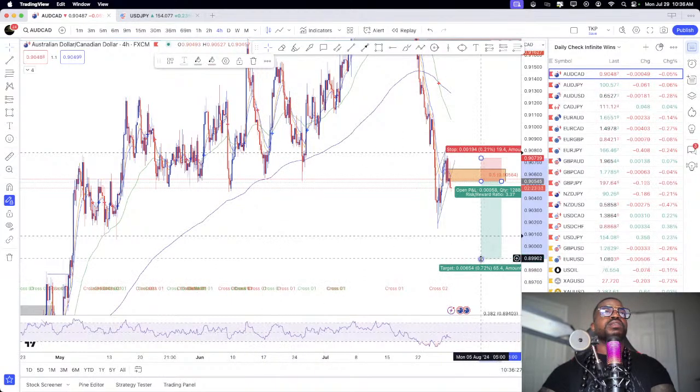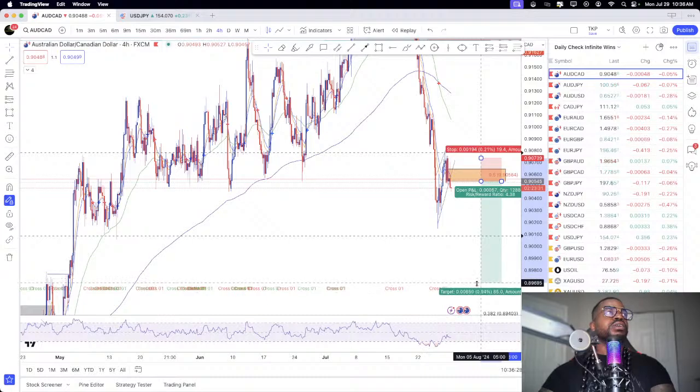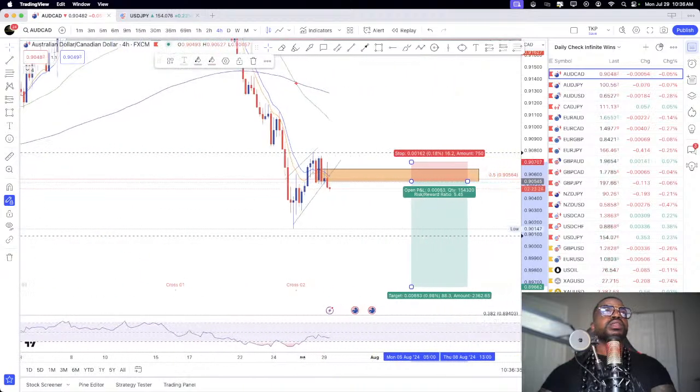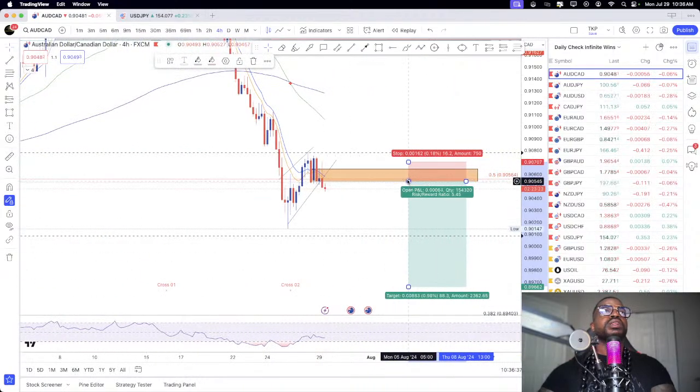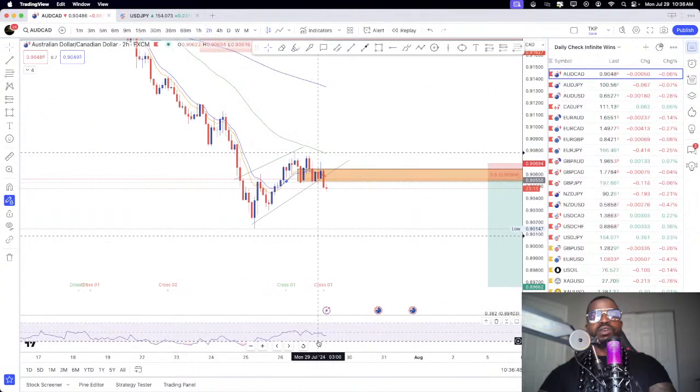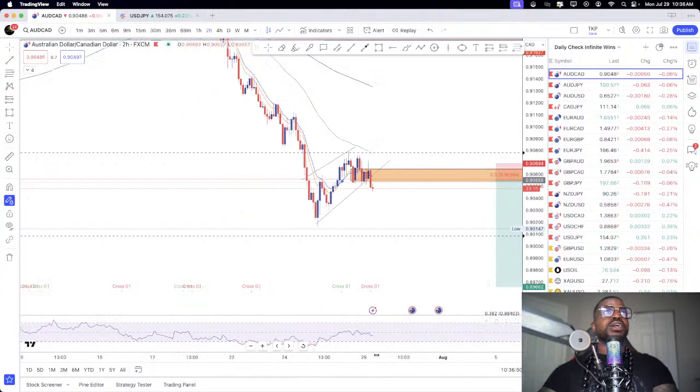Okay, let's take it down to this next structural level right here. Alright, so now we got this trade. Let's go down to a smaller time frame and see if we can tighten up our entry.